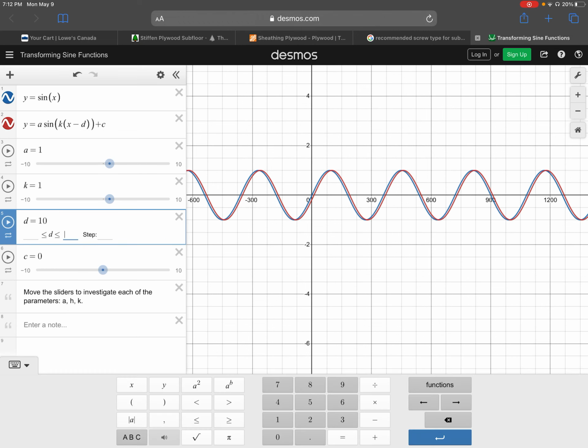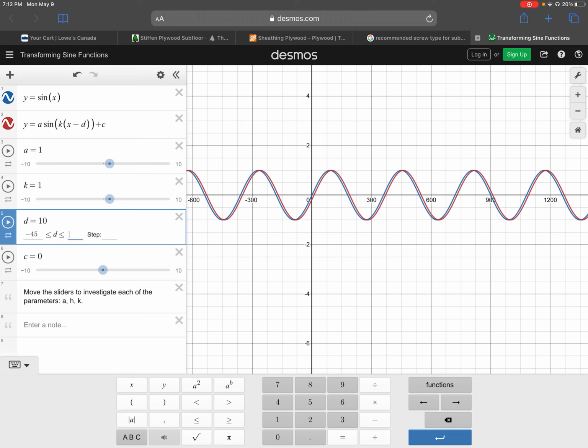I'm actually going to increase the value of this. Here we'll go from negative 45 degrees. For some reason, it's doing double digits every time I hit it. Negative 45, there we go.